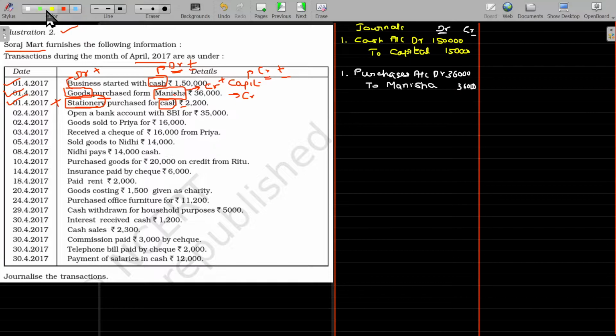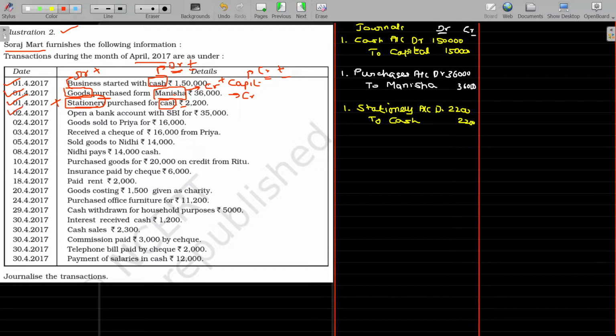On the same date, the entry being stationery account debit to cash. I have paid the money immediately from the cash account. The value being 2,200. Is that okay?